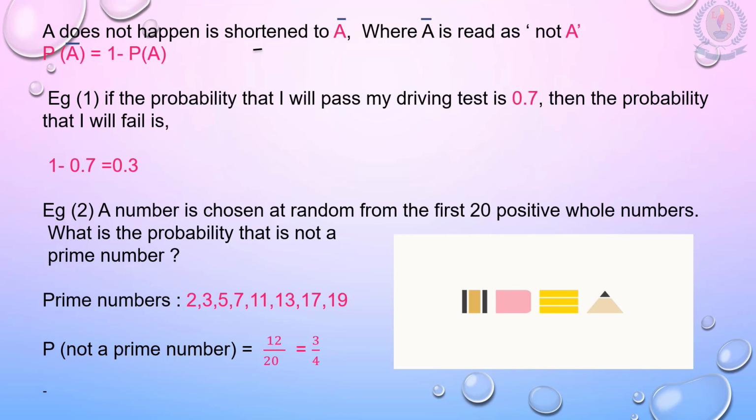Is 1 a prime number? No. So you can list the prime numbers: 2, 3, 5, 7, 11, 13, 17, 19. So altogether there are 8 prime numbers. So P(not a prime number) is 12 over 20, which equals 3/5.